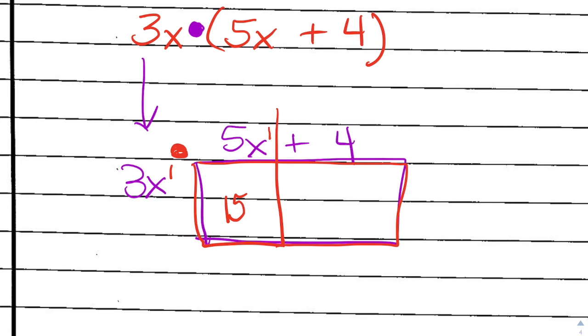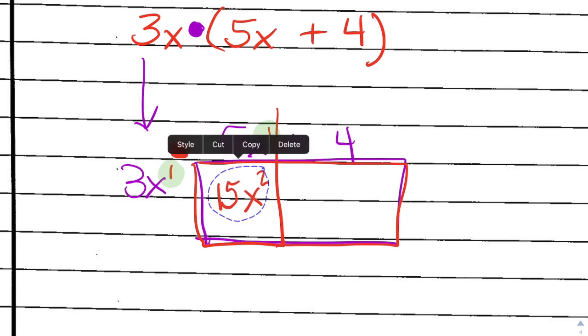And how I think about it in this example is I'm going to put an x here, and how many x's do I have? Well, I have 1 here, and I have 1 here. So I have a total of 2 x's. So 15x to the second. So when I'm multiplying, I add the exponents.